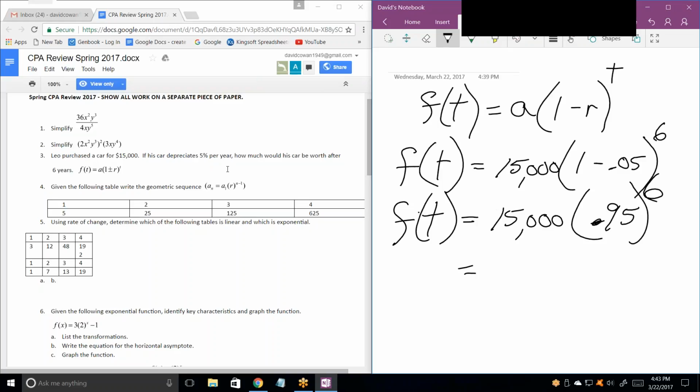Just take 0.95 to the 6th power. You're not taking 15,000 to the 6th power. That 6 only applies to what's in the parentheses below it. So you're going to get a number less than 15,000, considerably less. What do you get when you take 0.95 to the 6th power?